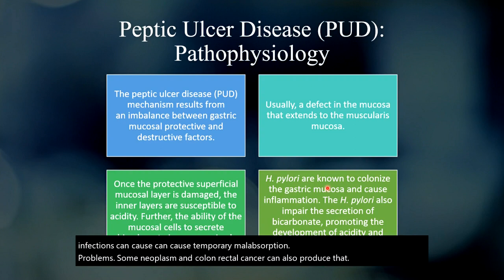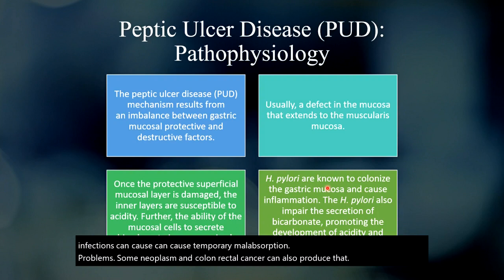And also the problem with pylori is that it impairs the secretion of bicarbonate. So that will promote the development also of acidity, and also it will produce the ulcer.